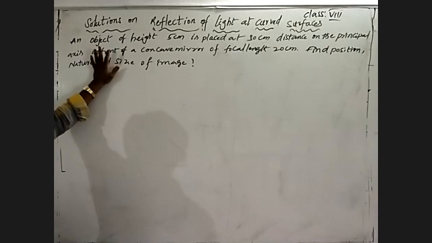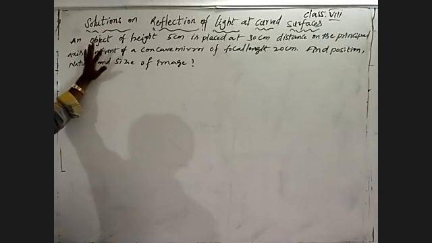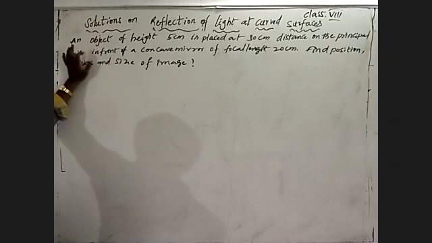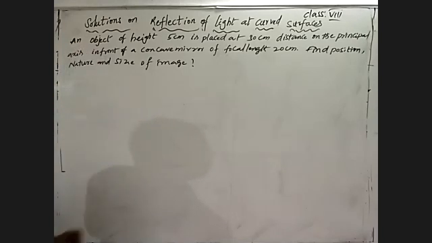An object of height 5 centimeter is placed at 30 centimeter distance on the principal axis in front of a concave mirror of focal length 20 centimeter. Find position, nature and size of image.